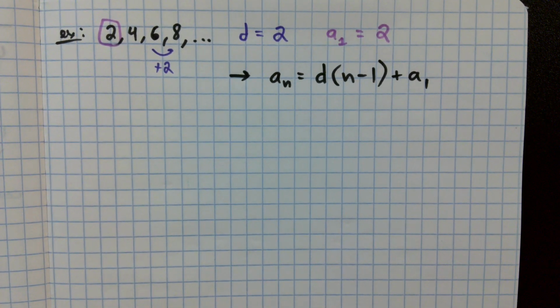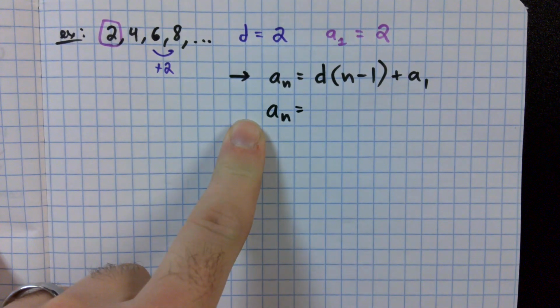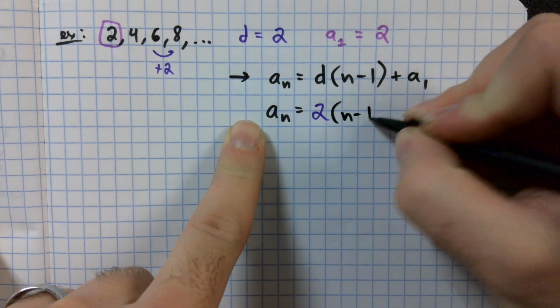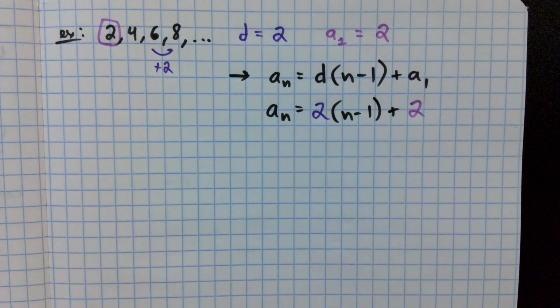It's a mouthful, I know. And that turns into a sub n is equal to 2 times n minus 1 plus 2.